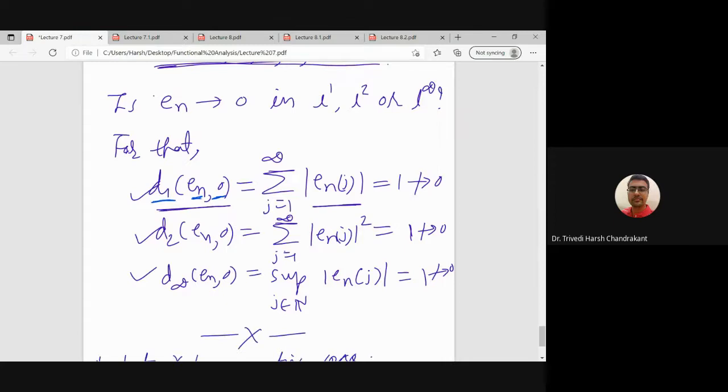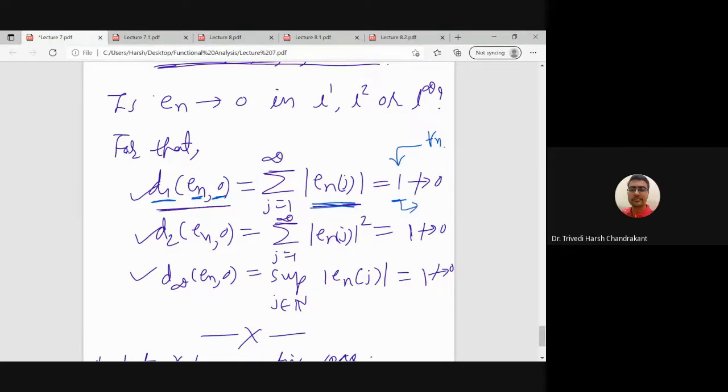Because d1 of En and the 0 sequence is exactly this quantity, which is 1, and this is 1 for every n. For all natural numbers, d1 of En, the distance of En from the 0 sequence, is 1 for every n, and then we take n tends to infinity, so that is basically the constant sequence 1.